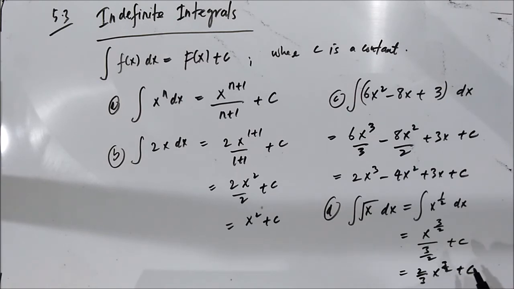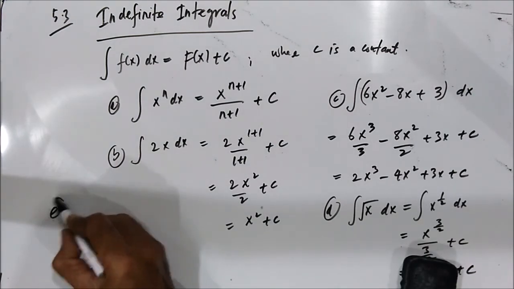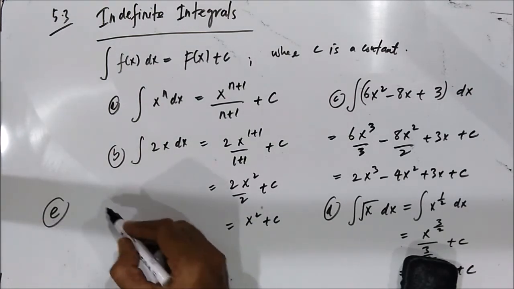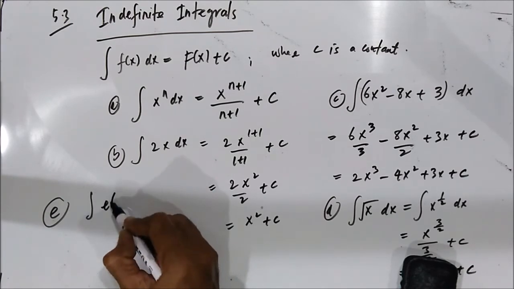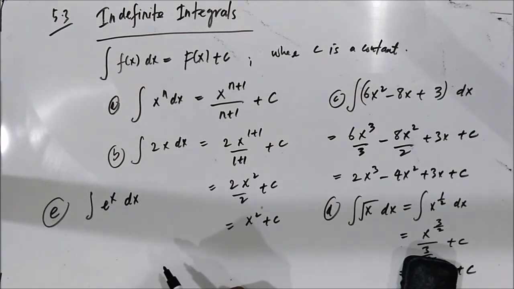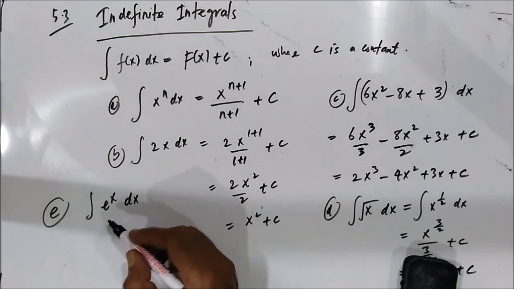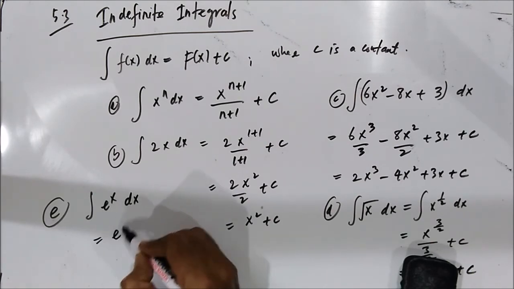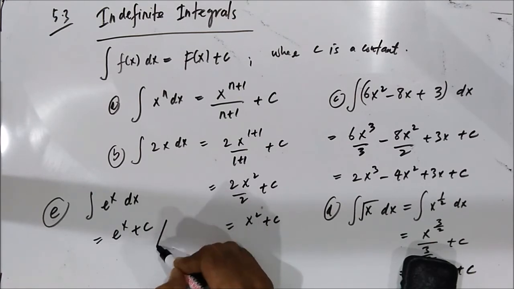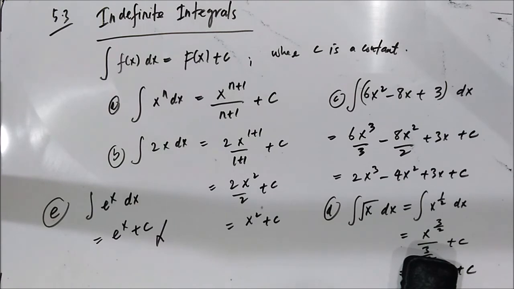Okay. And the last one. Now if I want to integrate exponent raised x dx, the integration of exponent raised x, by definition, is exponent raised x plus c. Okay, I think that's all for today.